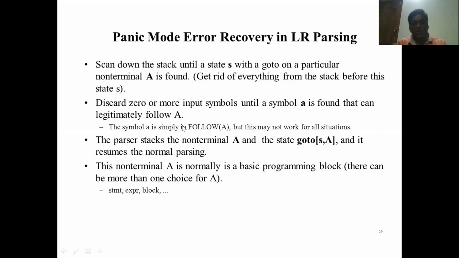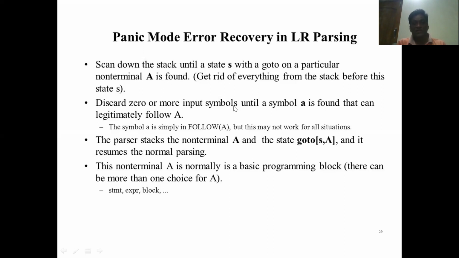Now the new combination of the variable and state will be added to the stack. That means the parser stacks the variable capital A and the state go to of s comma A. These two will be added to the stack, and normal parsing will be resumed.